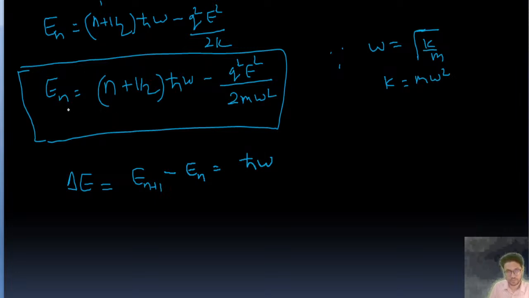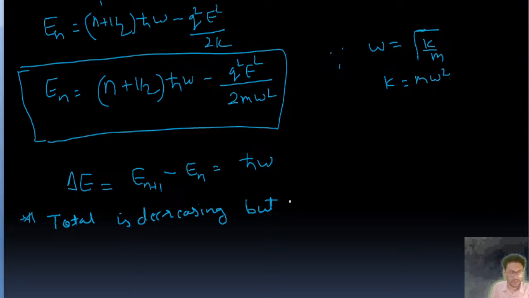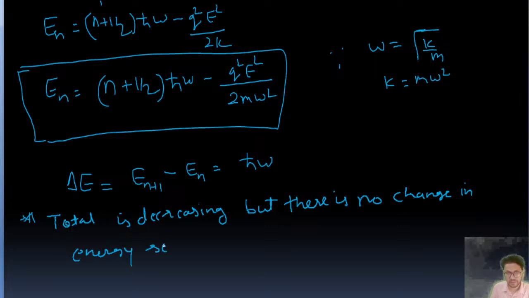If you substitute the energy En plus 1 and En, we get h cut omega. So the energy decreases, but there is no change in the energy separation between the levels.